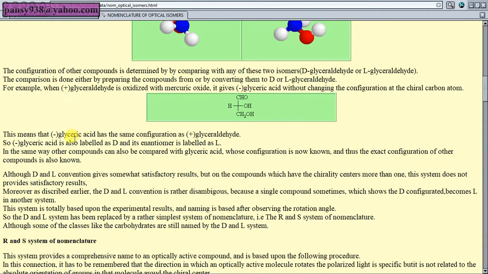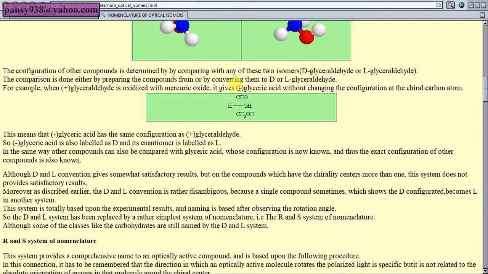For example, the negative glyceric acid, which has the same configuration as positive glyceraldehyde, and actually the oxidation of plus glyceraldehyde with mercuric acid gives negative glyceric acid, which is levorotatory.